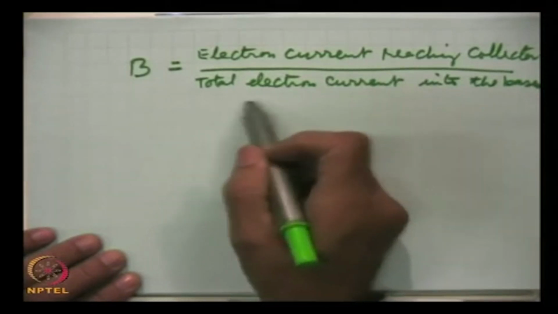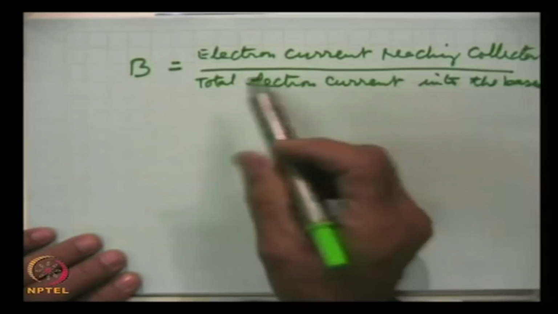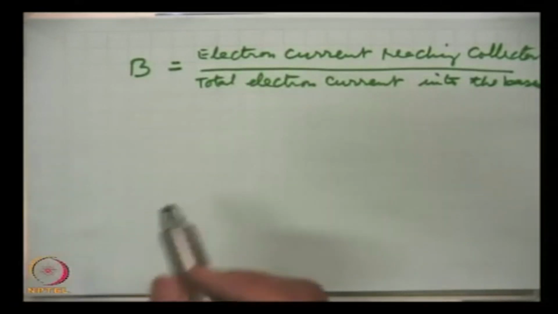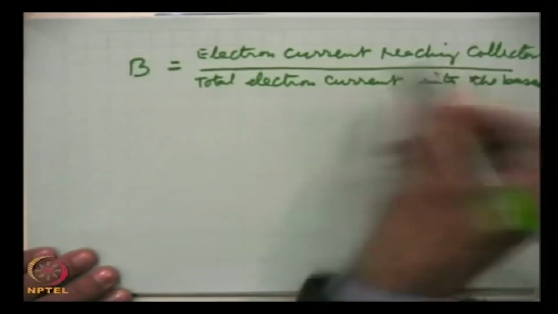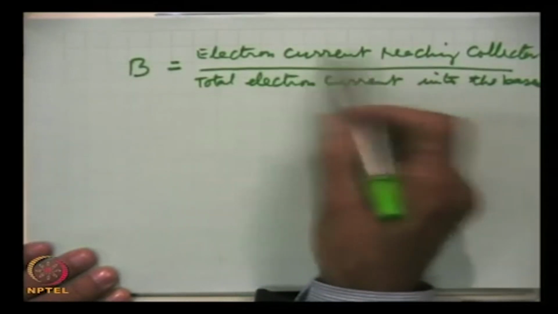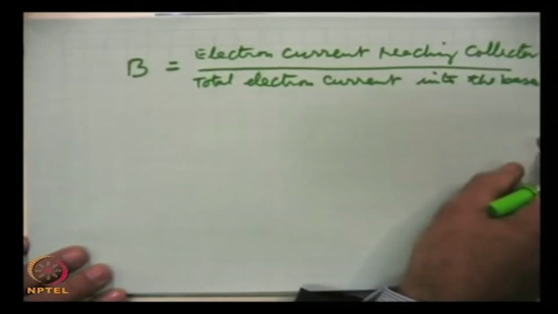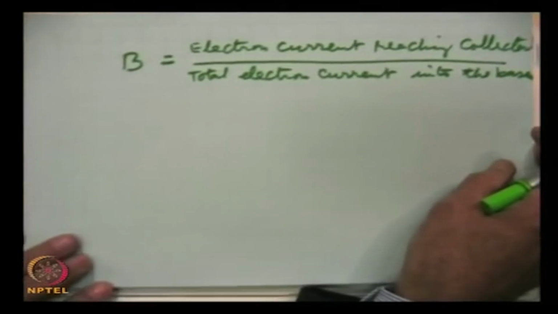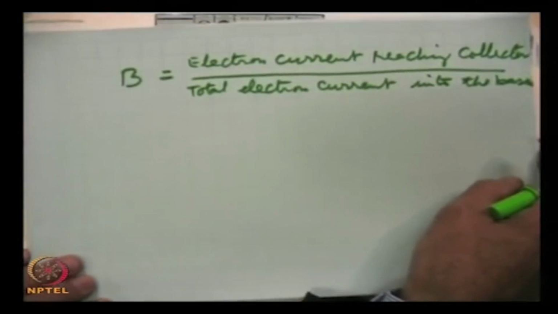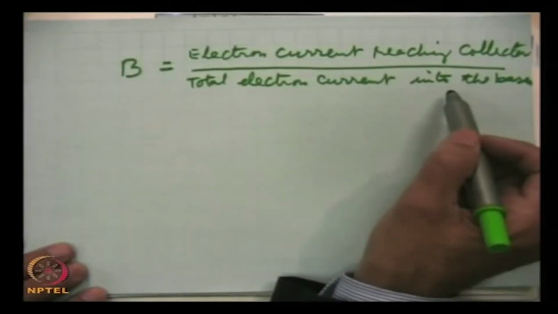That means the total electron current injected into the base, and this beta, obviously, because of this, is reaching the collector. This number is slightly smaller because there will be a recombination.